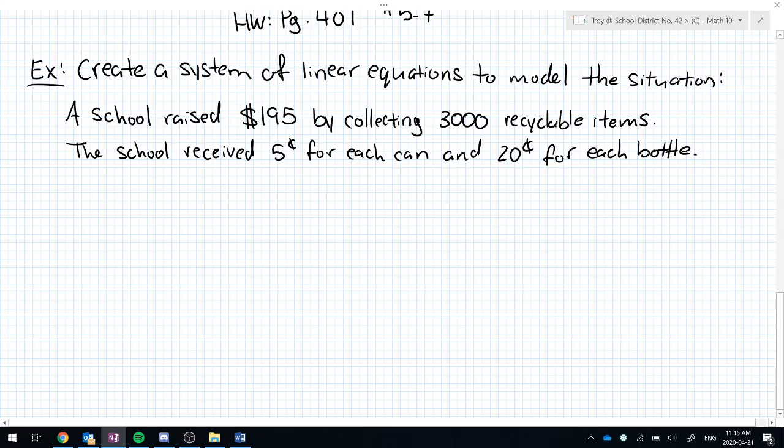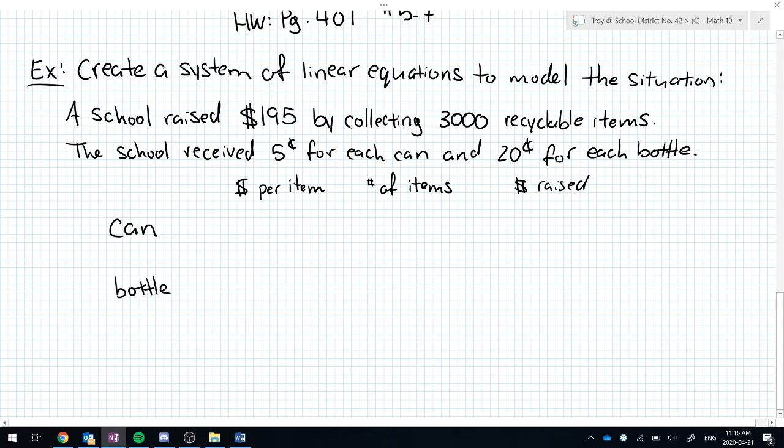So what we're going to do is set up a table first to talk about what's happening here. Our columns will be dollar per item, number of items, and dollars raised, with a row for the can and the bottle.